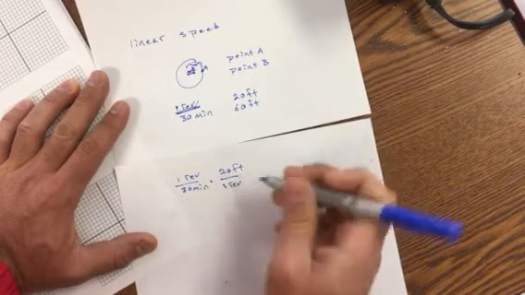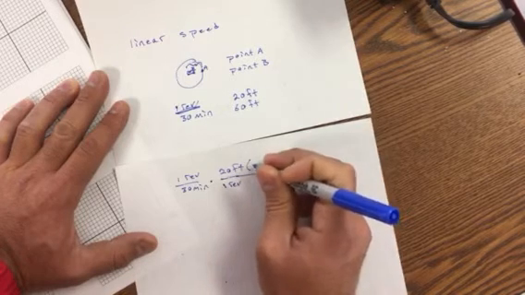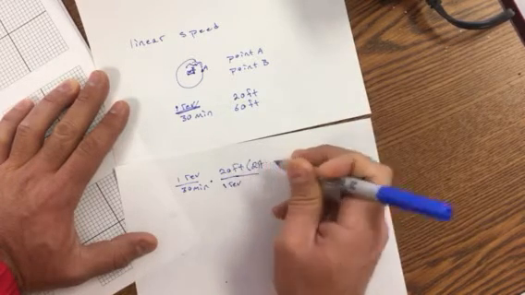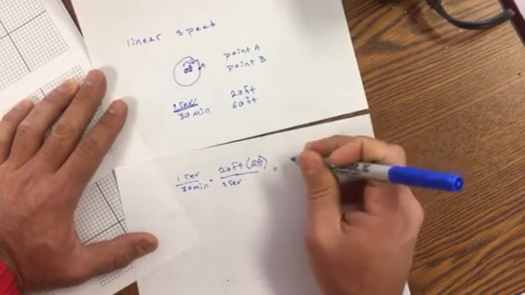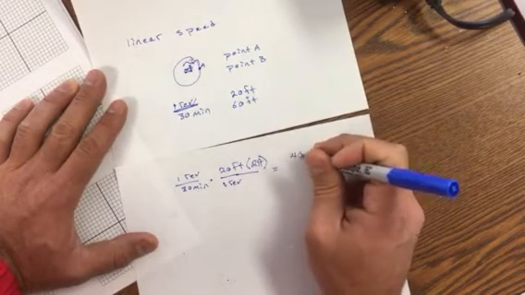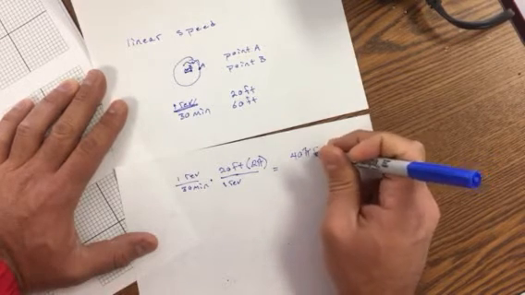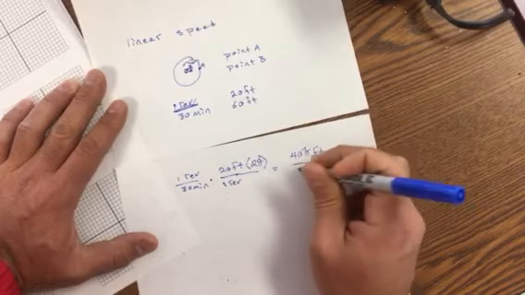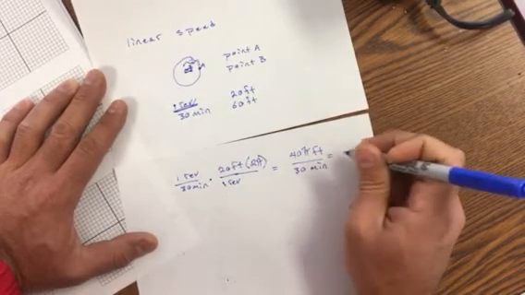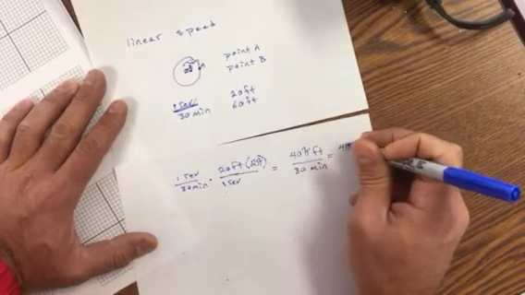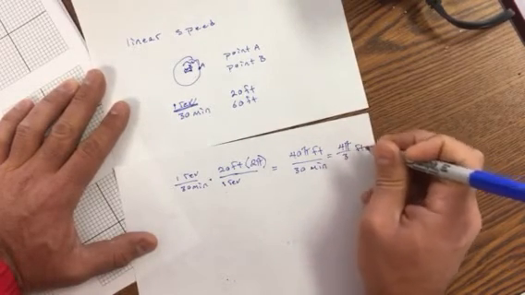But this is only the radius, so to get the total circumference, I'm going to multiply that by 2 pi. And that's going to give me 40 pi feet per 30 minutes, or 4 pi over 3 feet per minute.